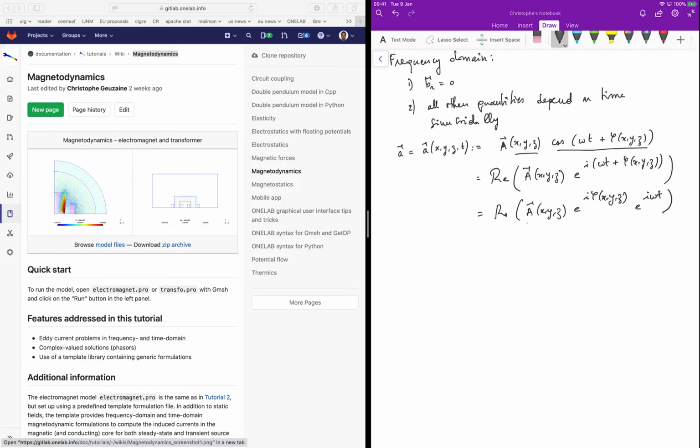And this guy here, you see that it does not depend on time. So it's a pure spatial field, and we redefine it as a phasor. Maybe like this, or maybe I could put a little bar below, there's no single notation. So to say it's a complex number, a complex field.